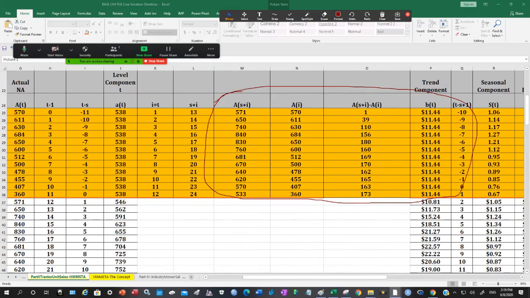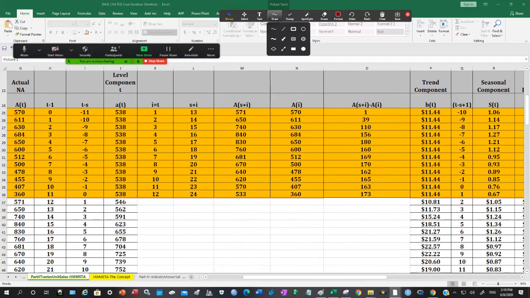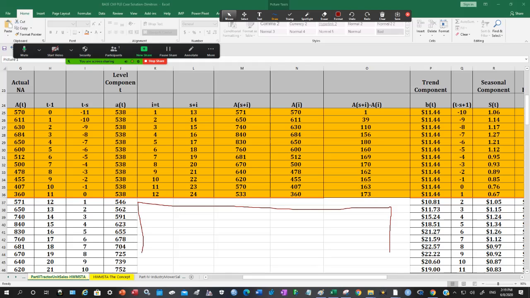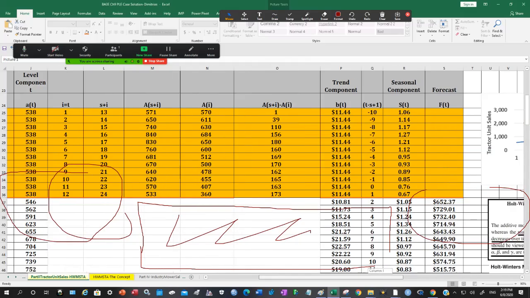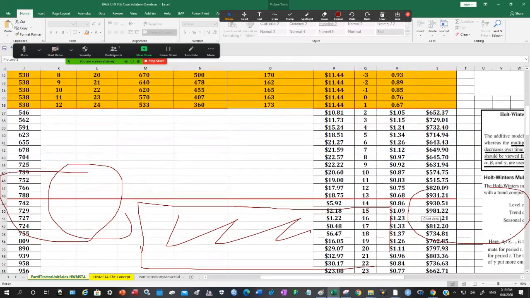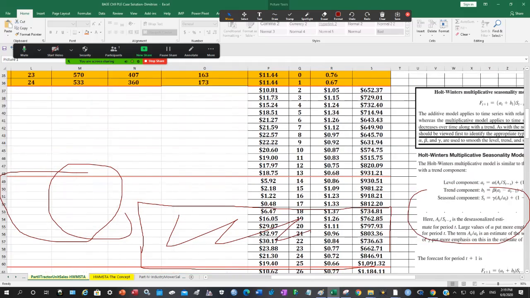I do not use this space for periods 13 through 60. So this area is unused. So you have some columns that you need here and some columns that you need over here. Okay, there you go. So the forecasts are right here. Okay, and to the right you have the theory.